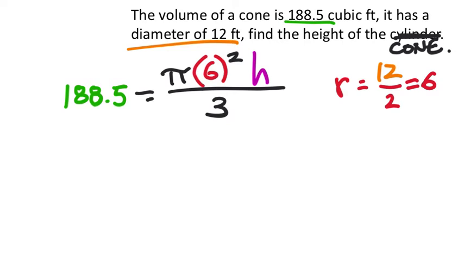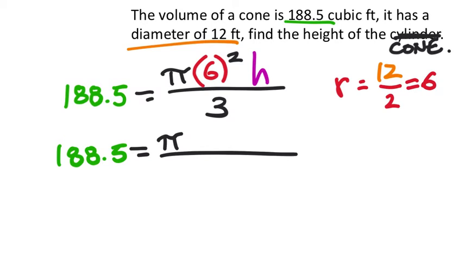So the first thing I'm going to do, although you do not have to do this at this point, you can do it later if you'd like, is perform 6 to the power of 2. So that's 6 times 6. It's not going to simplify the formula too much, but it does just a tiny bit. So in my numerator, I now have pi times 6 times 6, which is 36, times the height. And again, you didn't have to do that at that exact moment, but you can.